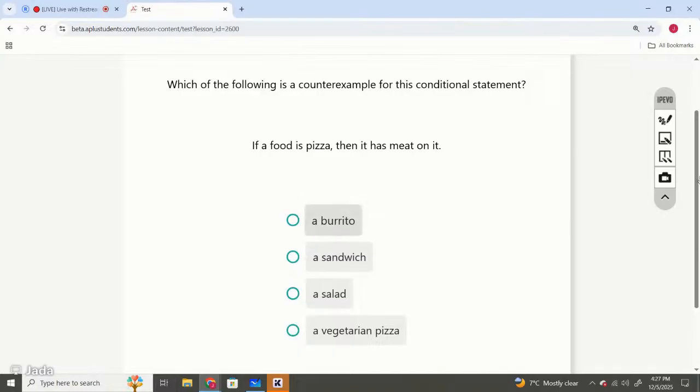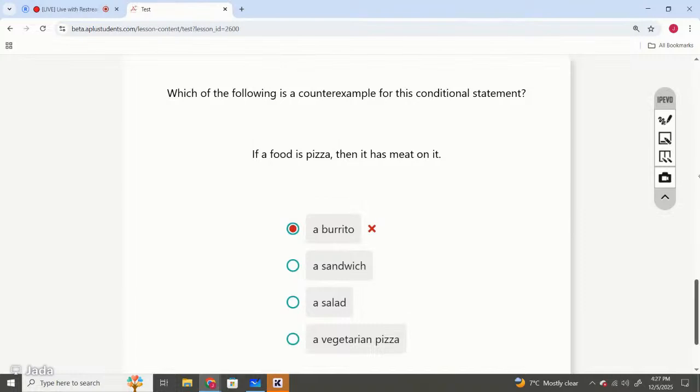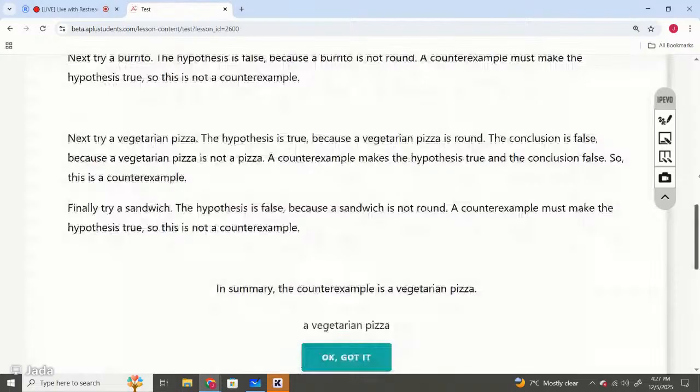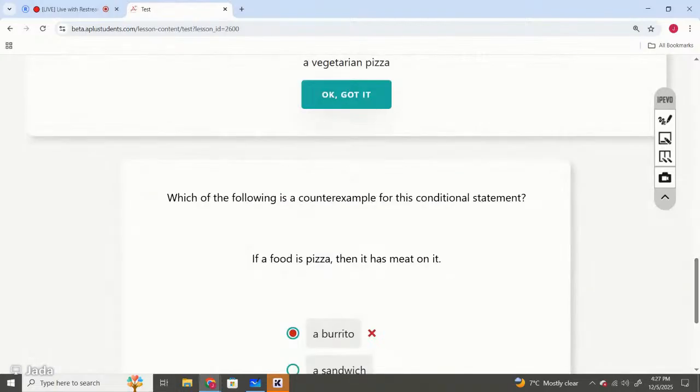I think it's a burrito. Then sandwich. A vegetarian pizza: it is pizza, but the conclusion is false, it doesn't have meat. We are looking for the counter example.